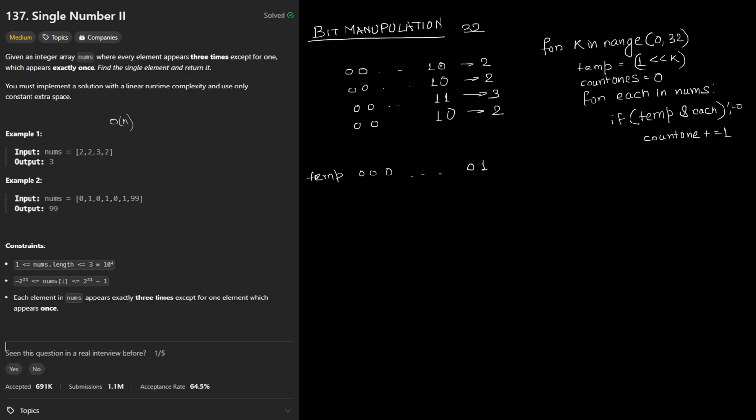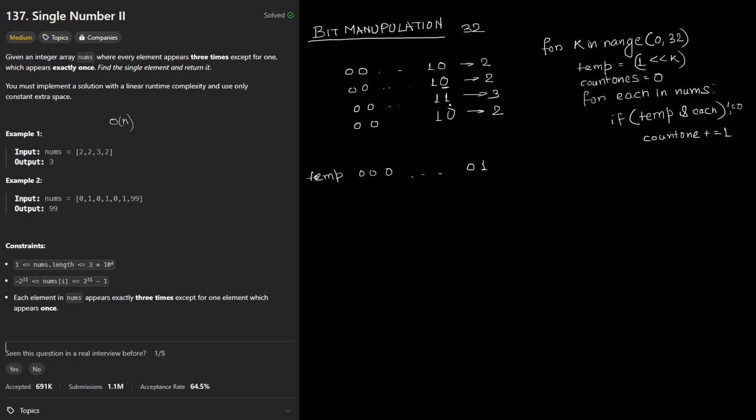So I'm going to AND it with the 0th bit. 0 and 1 gives me 0, so we are not going to increment the count. I am at this position for this element. Again, it would be 0 and 1, so nothing is going to get added because it gives me 0.